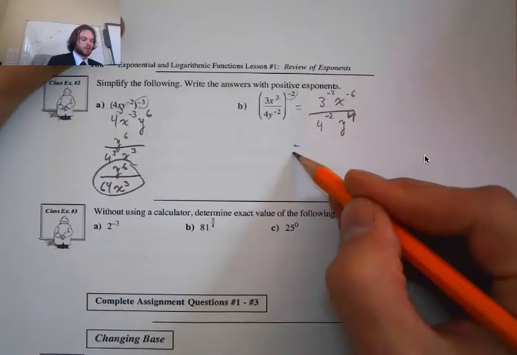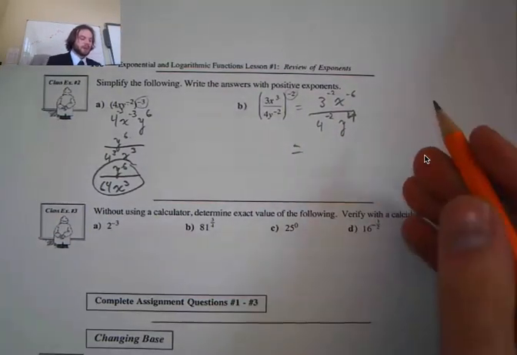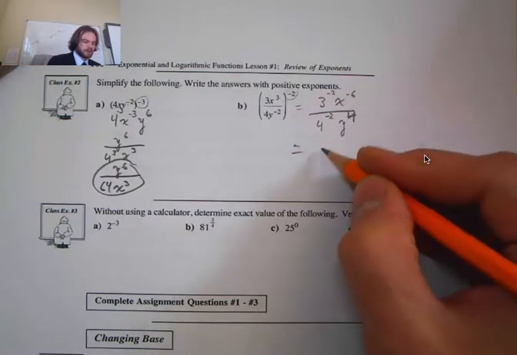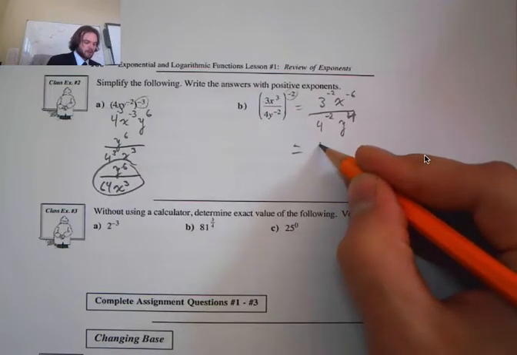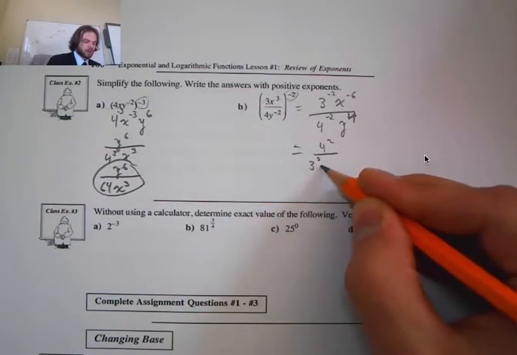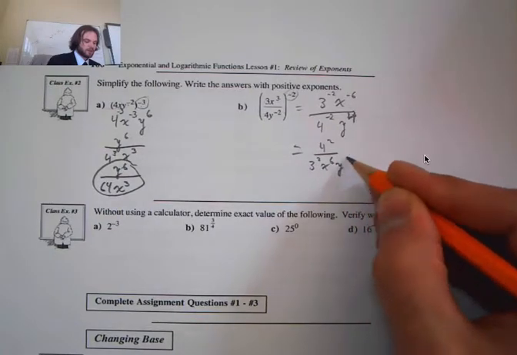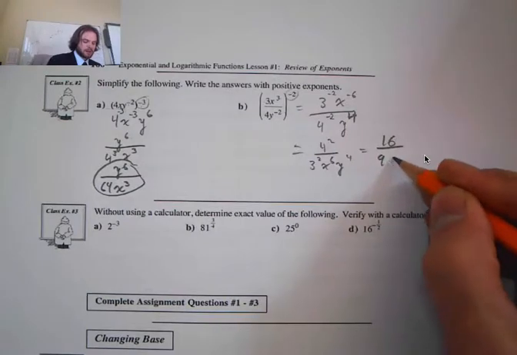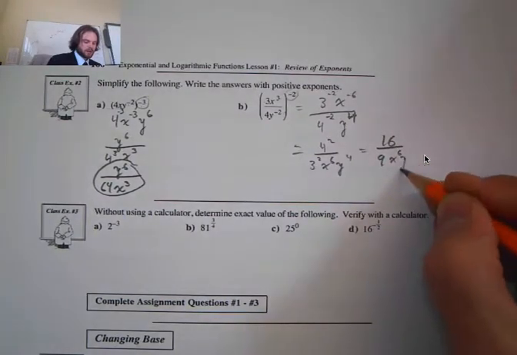Okay? So we end up going here, and I'm going to flip everything that has negative exponents. We have 4 squared all over 3 squared, x to the 6, y to the 4, which gives me 16 all over 9, x to the 6, y to the 4.